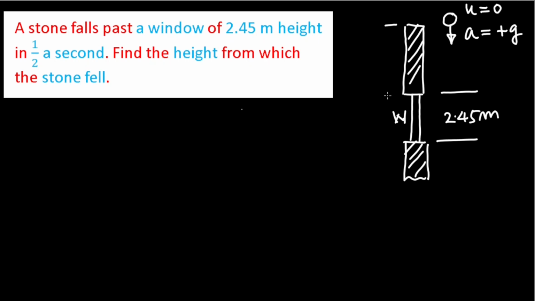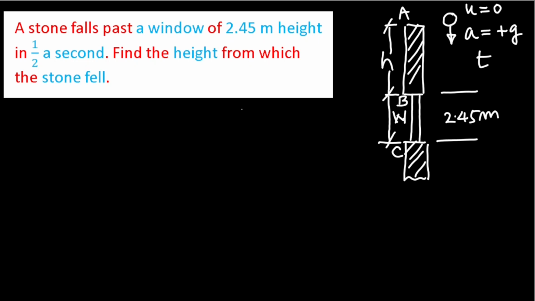Suppose the stone covers distance from A to B, which is h, in time t, and after that it crosses the window and reaches the bottom of the window, which is C, by crossing the distance 2.45 meter.